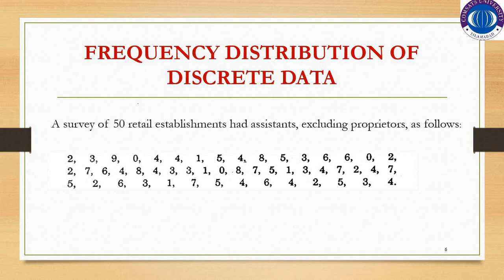Obviously the number of assistants is discrete, and there could be 0 assistants, 1 assistant, 3 assistants, and so on. If you find the minimum and maximum value in the data, 0 is the minimum value and 9 is the maximum value.